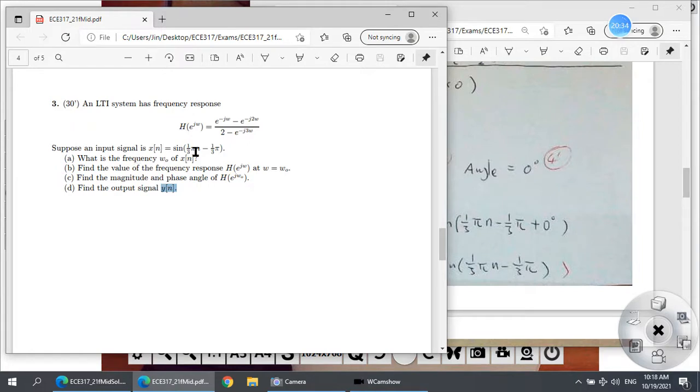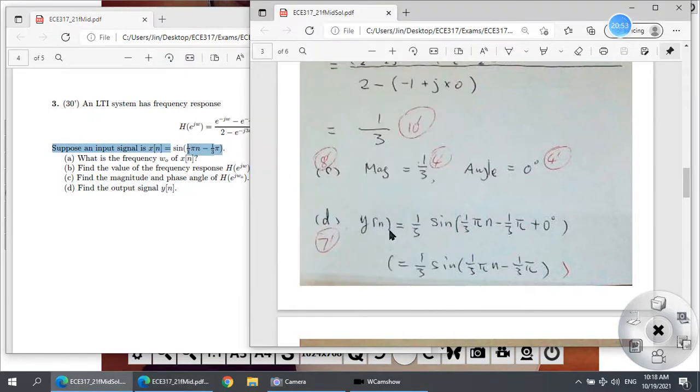We just find the frequency and calculate the value of the frequency response and determine the magnitude and the phase angle. Then we find the output. Actually, this is a shortcut to find the output when the input is a sinusoid. The output will be what? The magnitude 1/3 times the input signal, and inside the input signal you need to add the phase angle. So it is just this one.